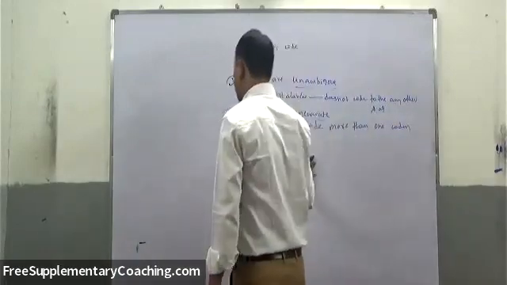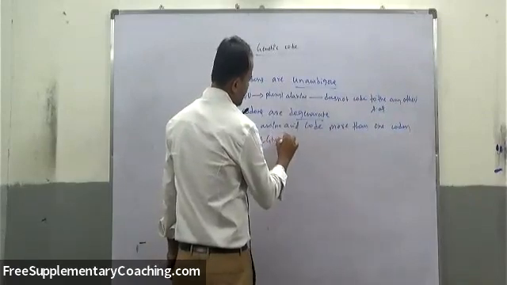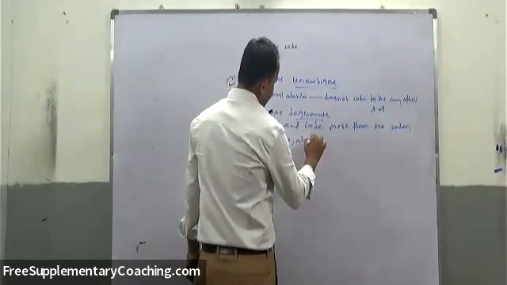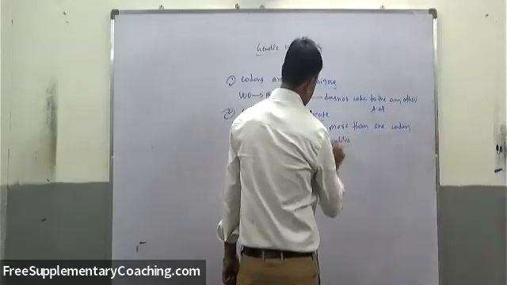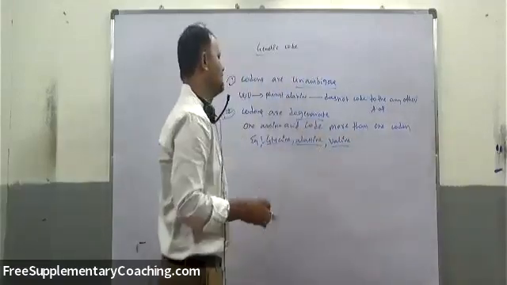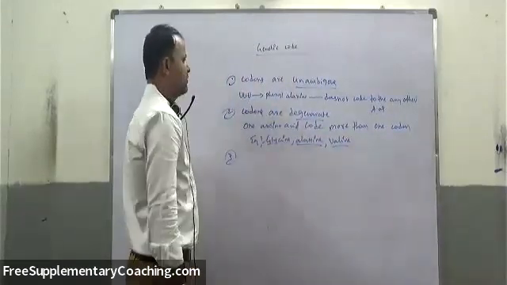Like glycine, alanine, valine. For example, glycine, alanine, valine. These amino acids are coded by more than one codon. Serine also.